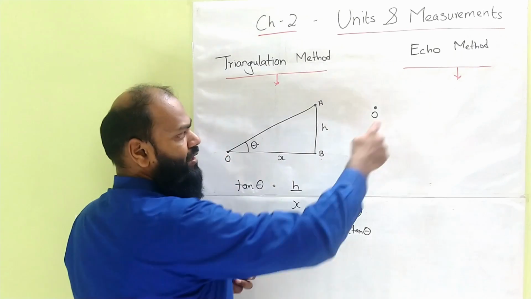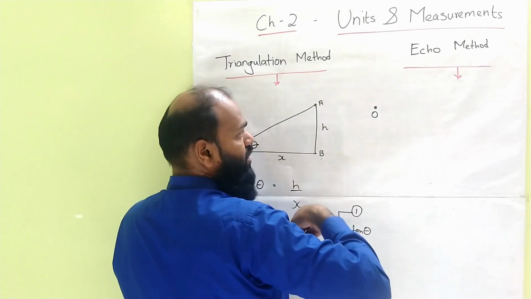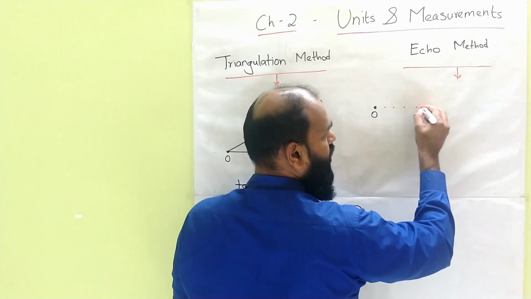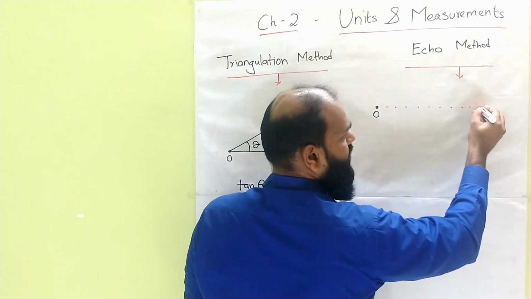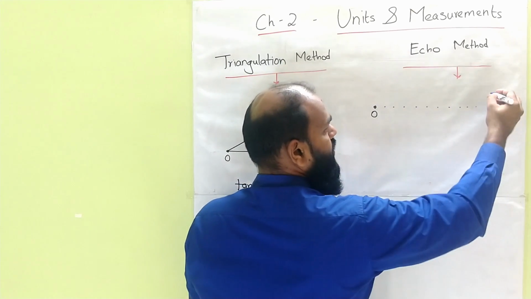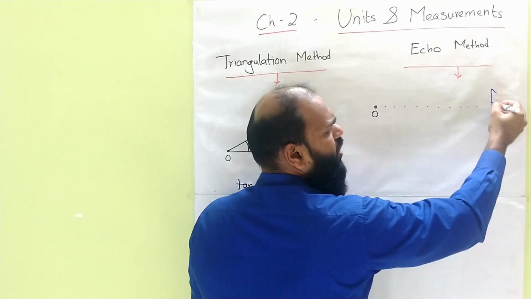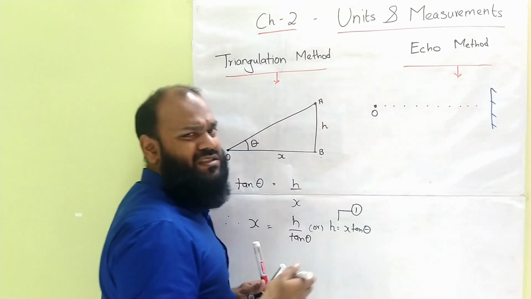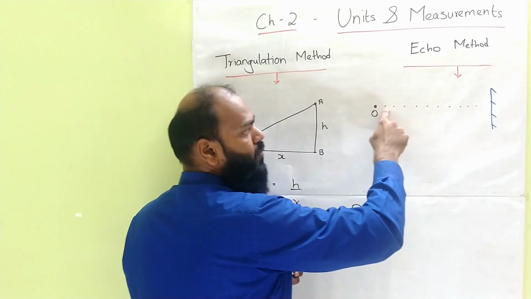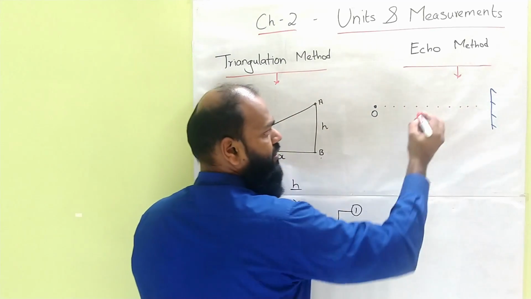Now let's take a point O. You're propagating a wave in one direction. Let me put the wave in terms of dots. So this is a wave and there is a wall over here, or it can be any object. For simplicity, I'm just drawing a wall. So from point O, you're propagating a wave in this direction.